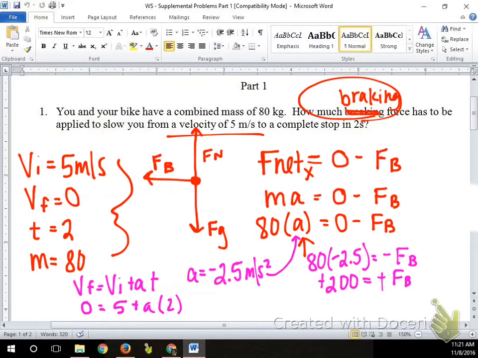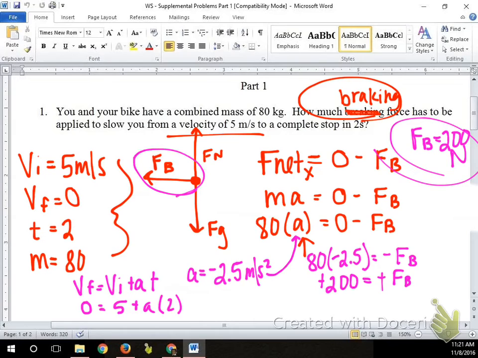So my braking force is equal to 200 newtons. The reason that braking force is positive is that it's the magnitude of it, the size of it, which is 200 newtons. We draw it in our free body diagram going in the negative direction, so we don't have to include that in our answer. The negative doesn't go with the magnitude. The negative just tells us direction.